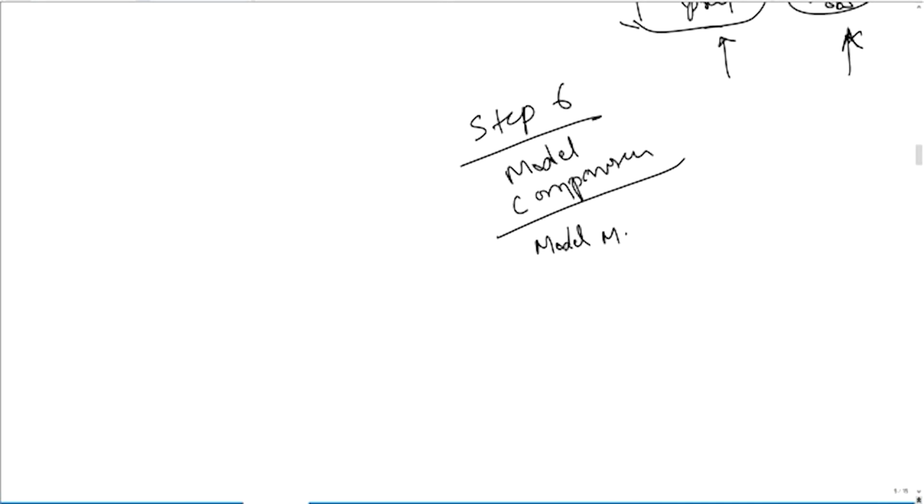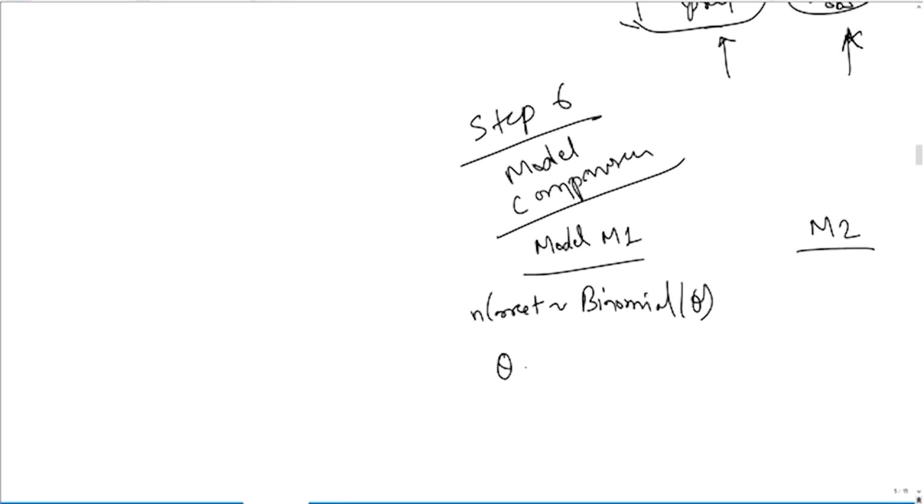So, let us say models M1 and M2 look like this. Let us say model M1 is like this: the number of correct responses comes from binomial theta, where theta comes from beta 90-10, and model 2 tells you that the number of correct responses comes from binomial theta.